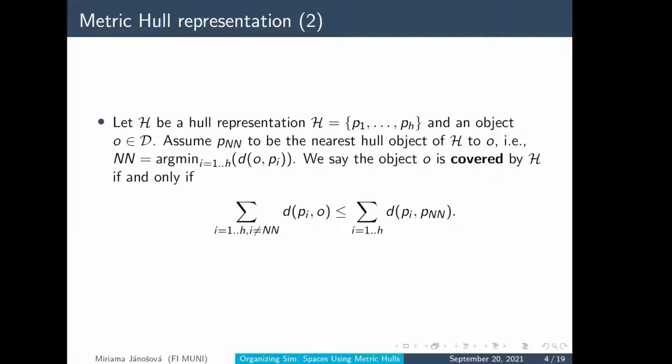Assume that P and N is the nearest hull object of H to O. We say that object O is covered by the hull representation H if and only if the sum of distances between O and the remaining hull objects, while omitting the P and N, is smaller than the sum of distances between P and N and the remaining hull objects.